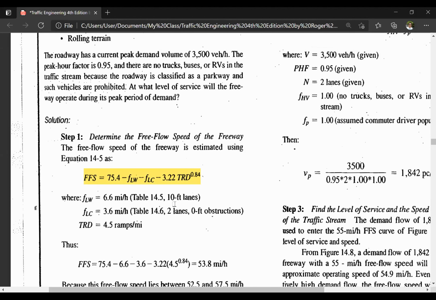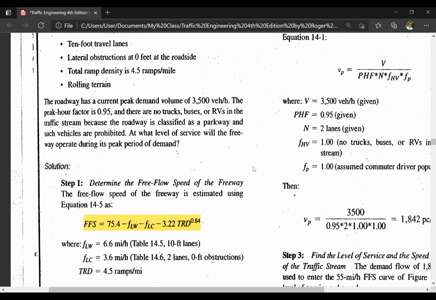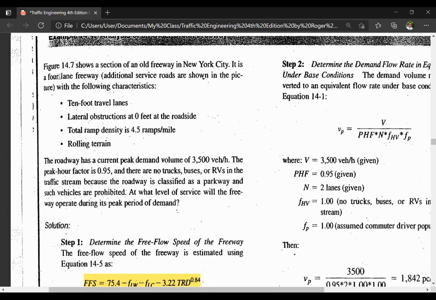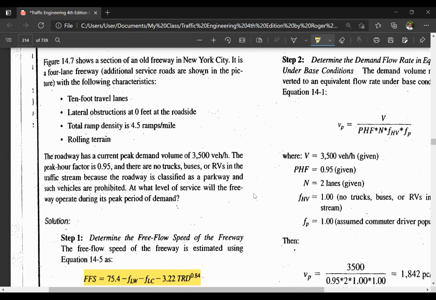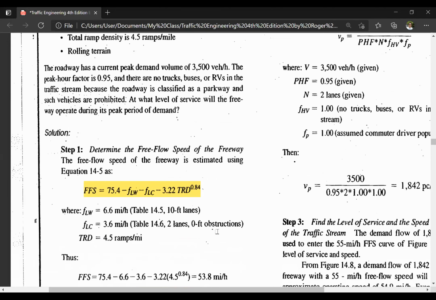It says here already which table you should look up. It's a 10-foot lane, right? 6.6 miles per hour reduction. And about lateral clearance? It's a 4-lane freeway, right? So 2 in one direction, and 0 lateral clearance, so the reduction is 3.6.